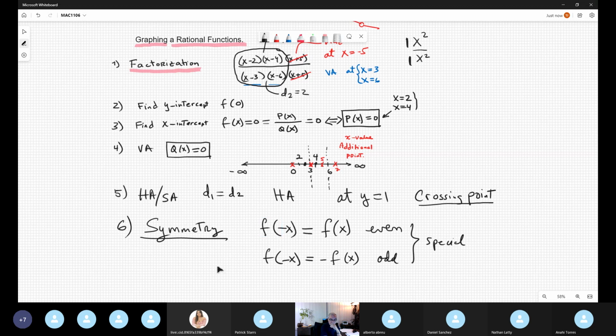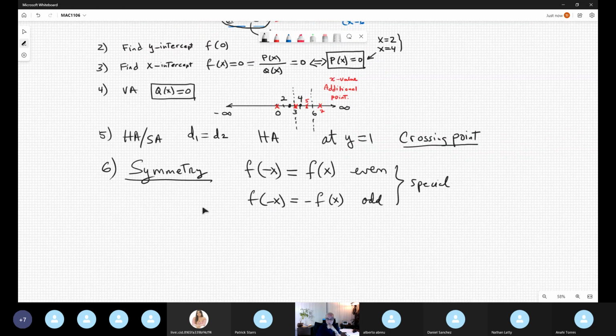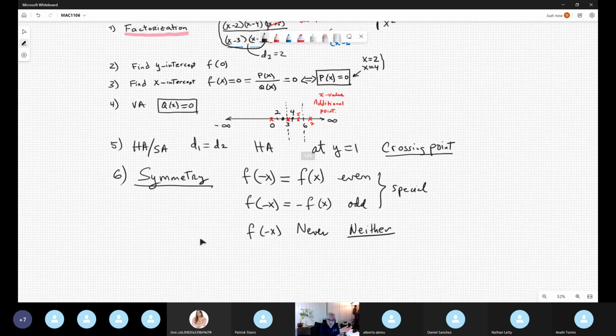A special symmetry. It's different, of course, but it's special, because the most popular is not special, it's ordinary. When you replace x for negative x and never get a relationship with the original, this is called neither, whatever you want for the pronunciation. So what is important? You take advantage of this.